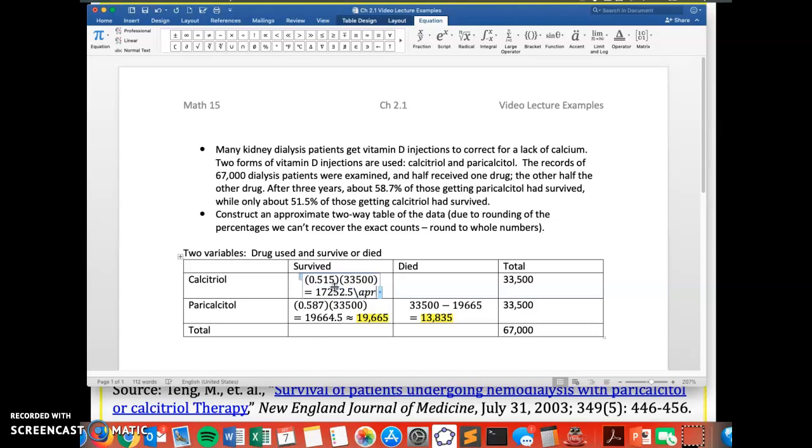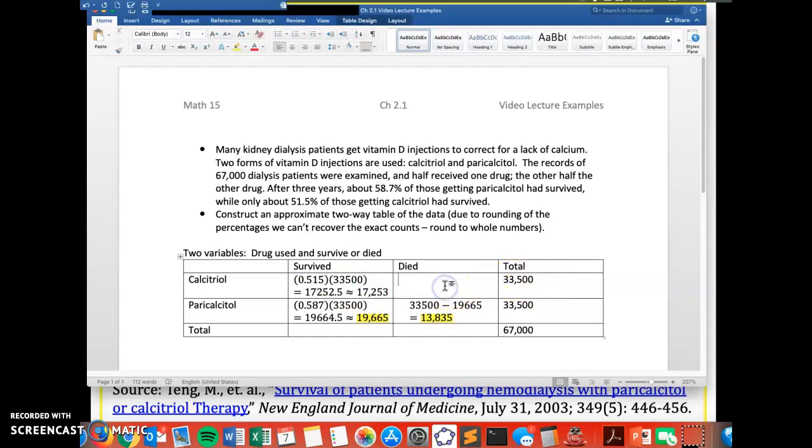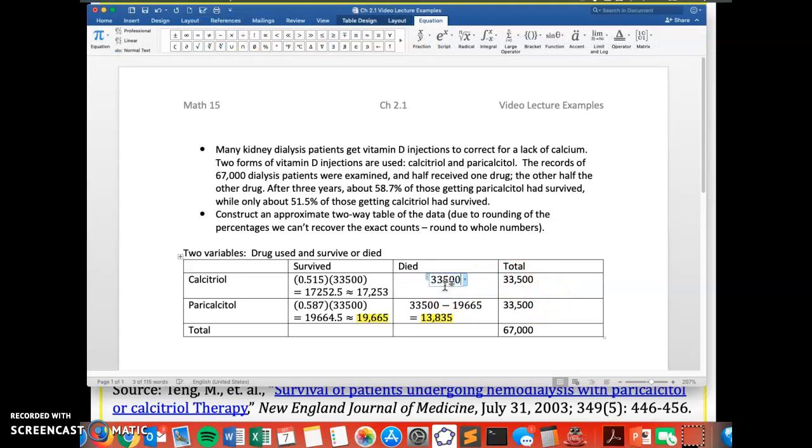But we're going to round that, unless we have more information, to 17,253. And we do the same thing over here, subtract this, 33,500 minus 17,253 to get the total number that died. And that's going to be about 16,247.